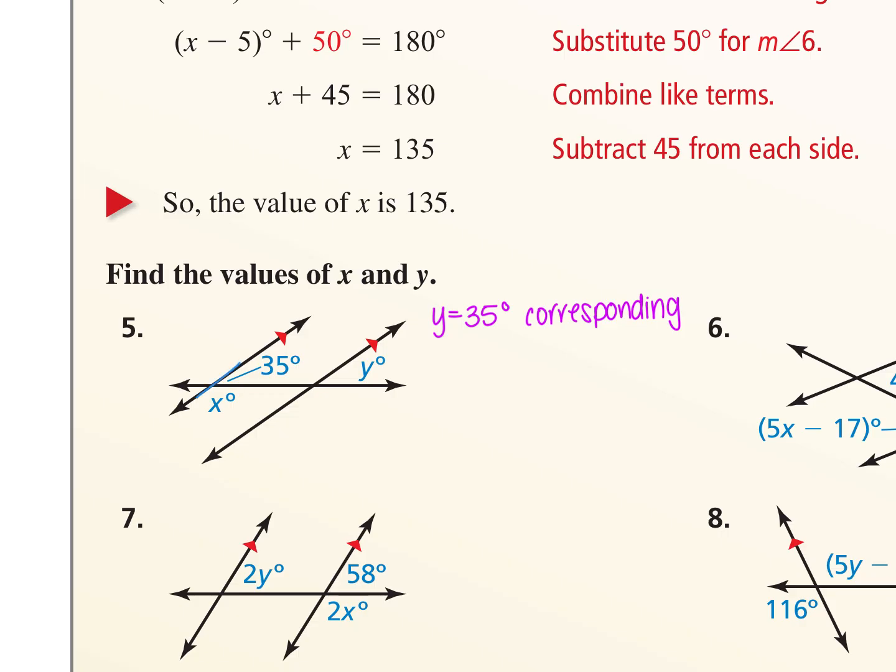What do I know about 35 and x? They're supplementary. They're linear pairs. Okay, so I'm going to do 180 minus 35 is going to give me my x. So if you subtract it correctly, that's 145. And they're supplementary angles.